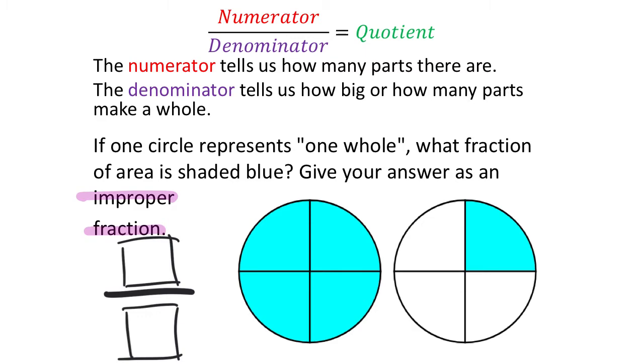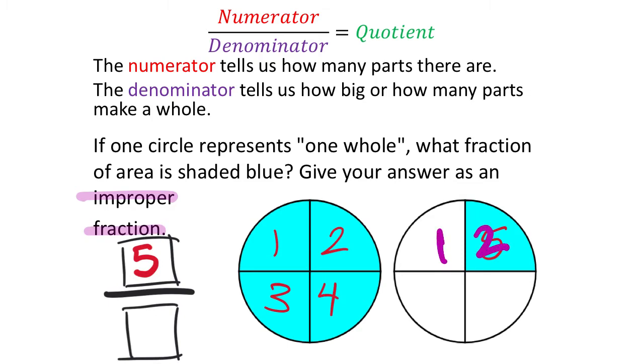So for us, on this one, I'm going to start with the numerator. How many pieces are shaded blue? I got 1, 2, 3, 4, 5 pieces that are shaded blue. So that means that my numerator will be 5. Now, since it's an improper fraction, I should have a smaller number in the denominator, but let's see what that denominator should be, and that should be the size, again, how many pieces will make up one full circle.